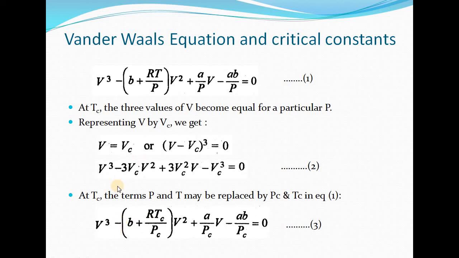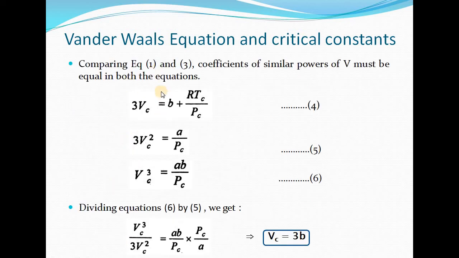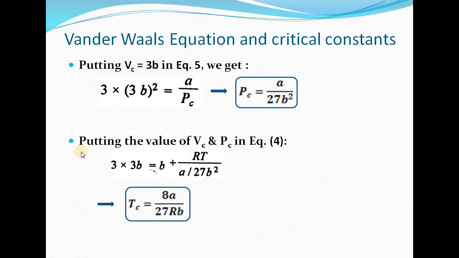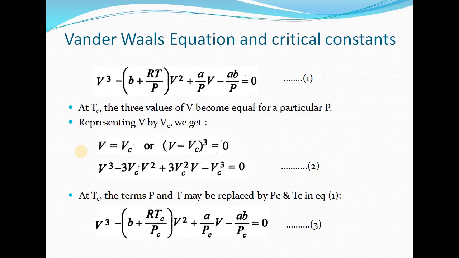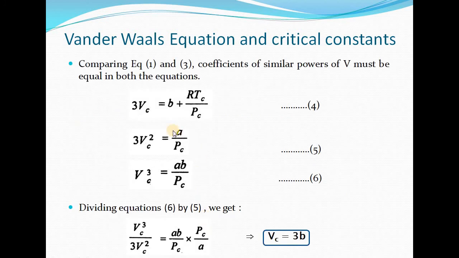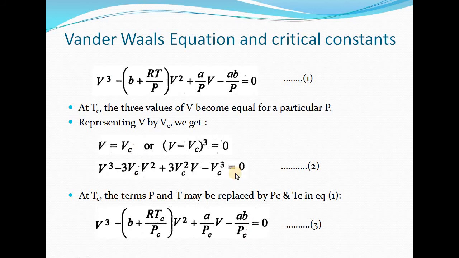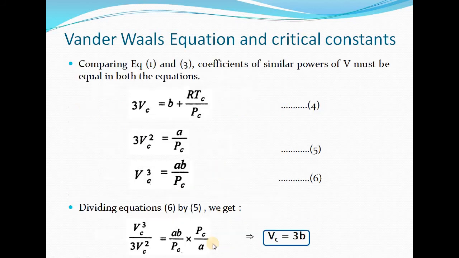The negative sign will cancel out and we have 3Vc is equal to B plus RTc by Pc. Now comparing the coefficient of V, we have 3Vc square is equal to A by Pc. That is in equation 5. Similarly, comparing the constant terms, we have minus Vc cube is equal to minus AB by Pc, which we have written in equation 6.